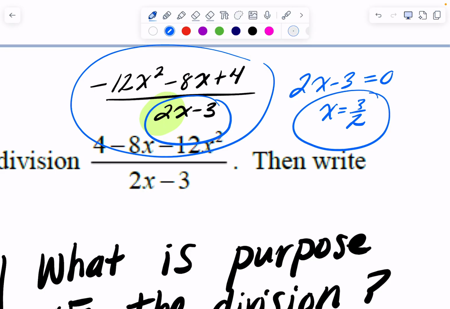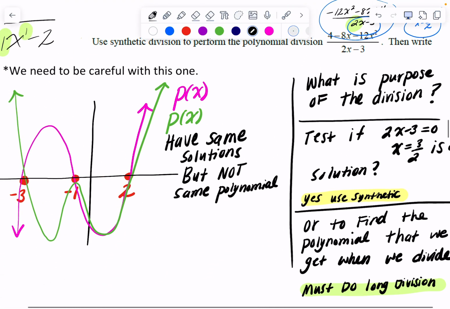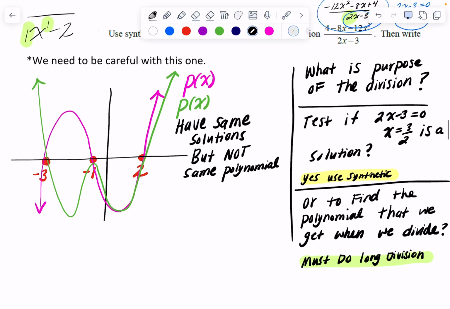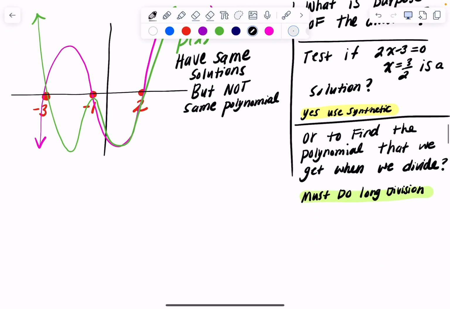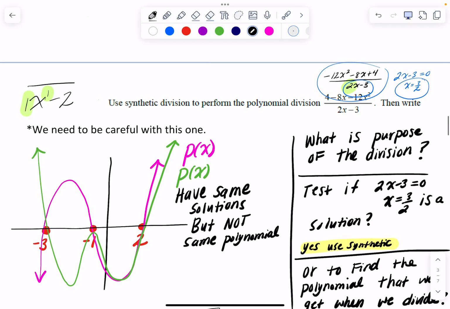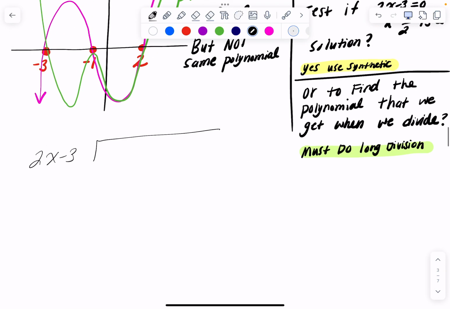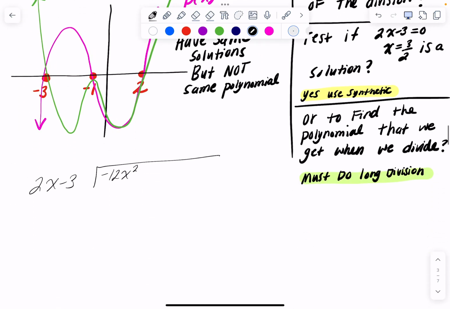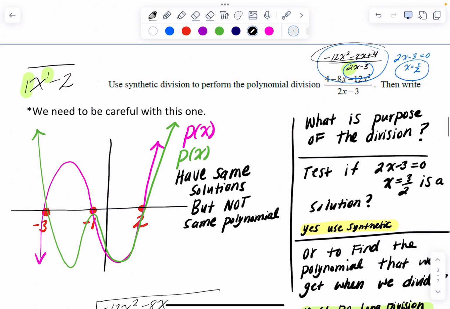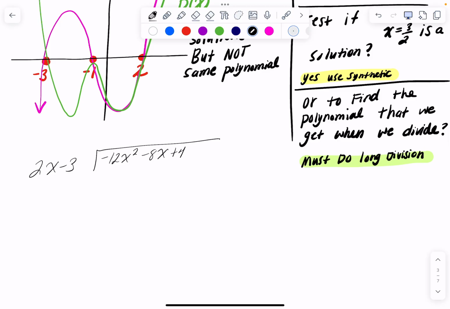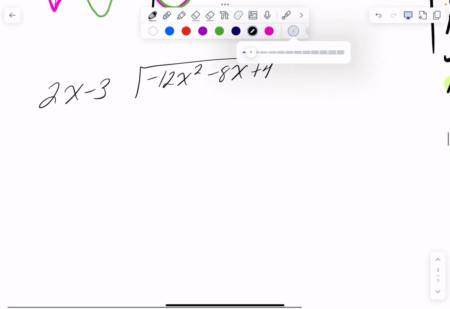We need to remember how to do long division. So remember with long division, we set up the divisor on the outside of a dividing house. We then put the polynomial in our dividing house, so we put negative 12x squared minus 8x plus 4. All right, and now from here, we need to remember the process of long division.